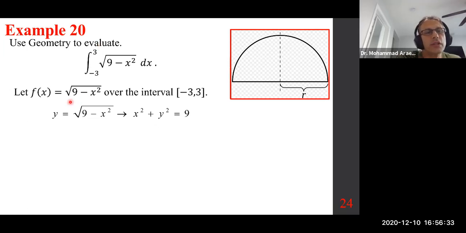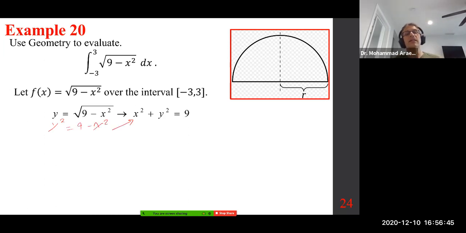Because if you square this, you get y squared equals 9 minus x squared. And you get a circle centered at 0, 0, which has the equation x squared plus y squared equals r squared. You can't just guess that. You have to show it. You have to prove this is a circle centered at 0, 0 with the radius r.